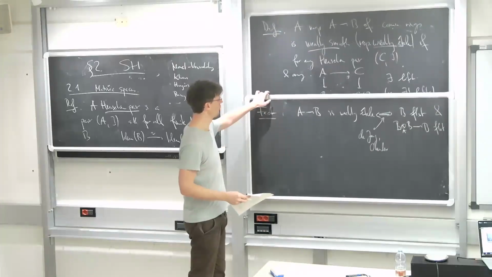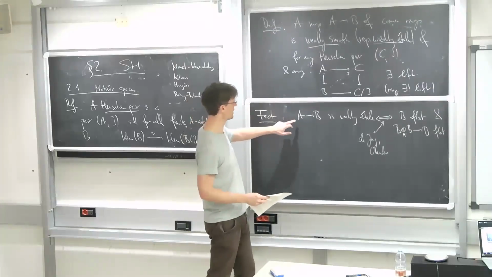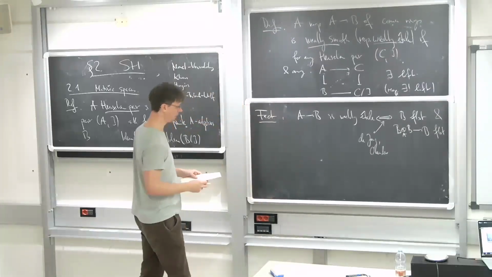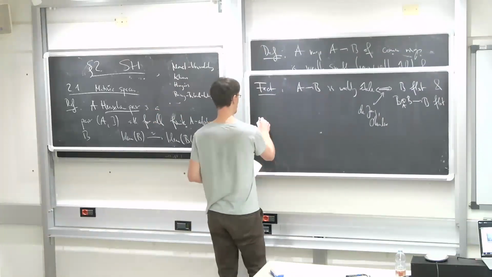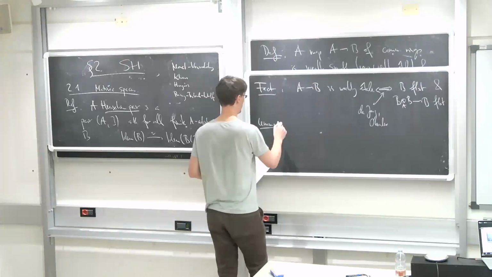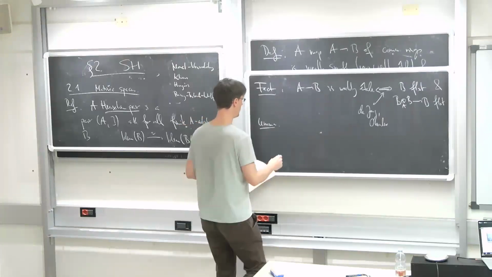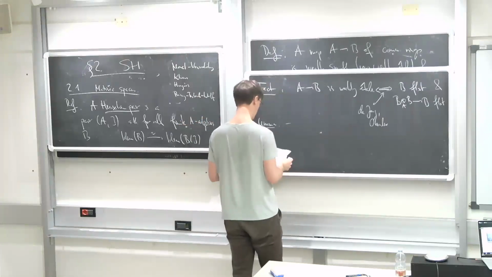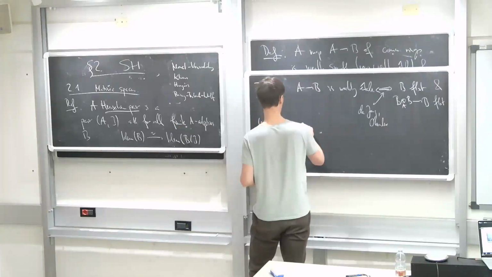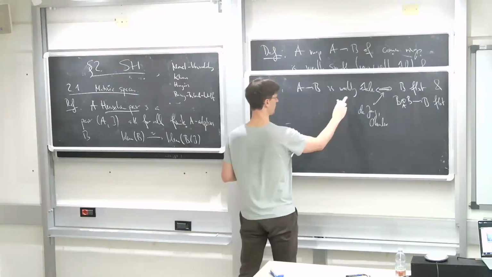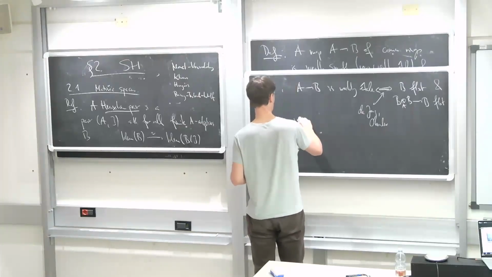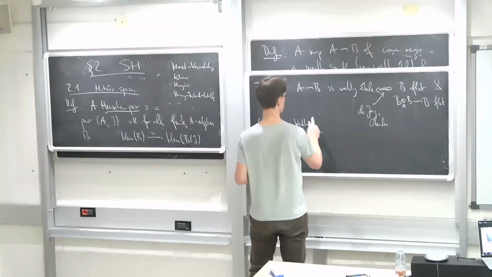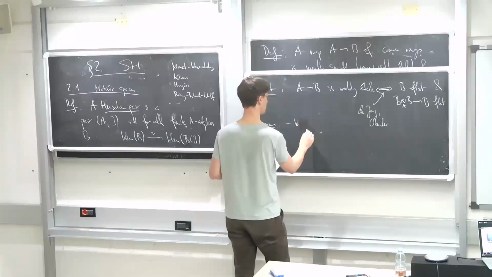This notion of weakly smooth seems to be not much studied. It does appear in some recent paper, but hasn't been studied all that much. So let's collect a few properties. I'll say them very briefly. I focus on weakly smooth, but most of the statements are exactly the same for weakly étale. So maybe I write W-smooth in the sequel just to save some chalk.